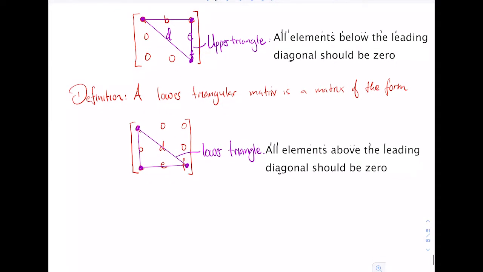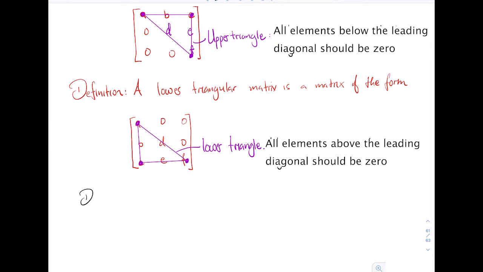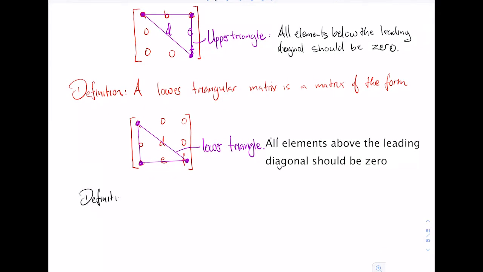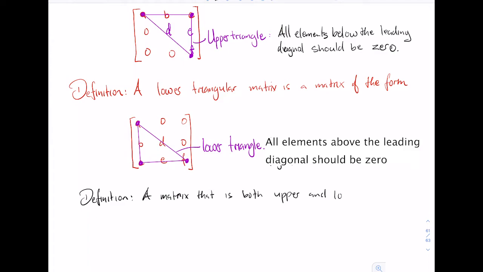All right, one important thing to also note before we jump into working this question: a matrix that is both upper and lower triangular is called a diagonal matrix.